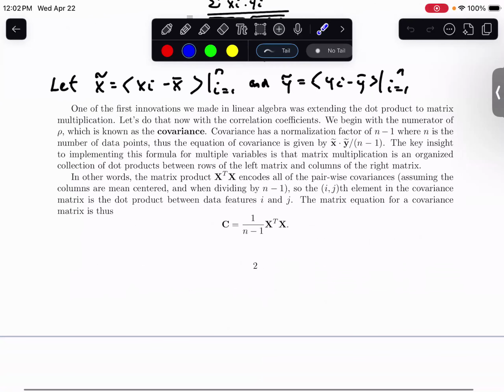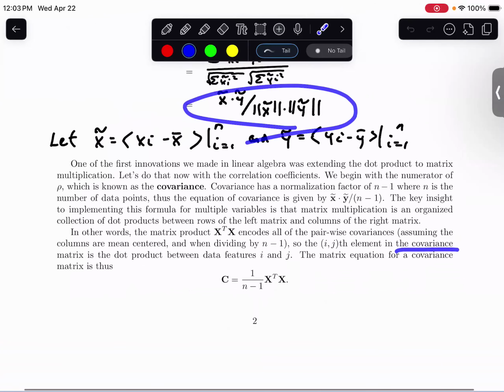So where we left off is we saw that the matrix product X transpose times X is going to encode all of the pairwise covariances, assuming the columns are mean centered as we have been doing, and then you divide by n-1, which is like the length. The ijth entry of this X transpose times X, the covariance matrix, is the dot product that we have above.